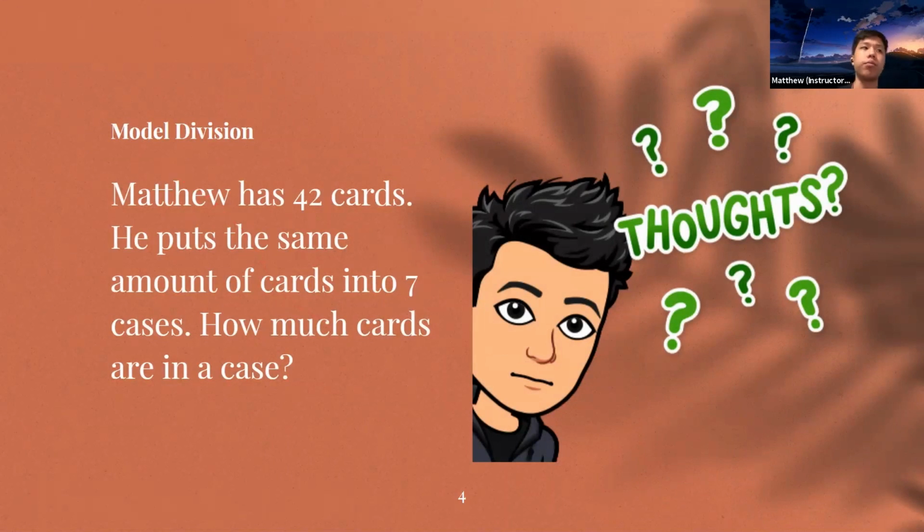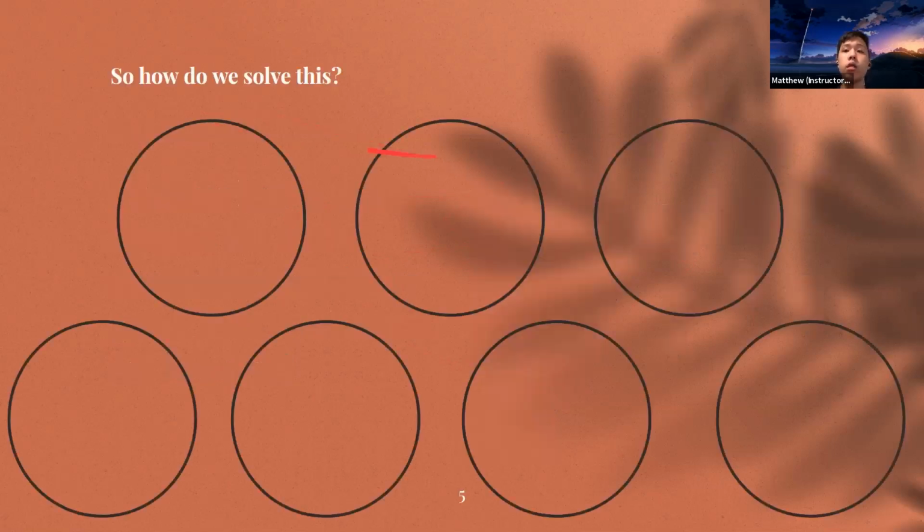So, a smaller division. Let's say I have 42 cards, and I put them into 7 cases. How many cards in each case? Well, how do we solve this? 1, 2, 3, 4, 5, 6 goes in that one. 7 come in here.